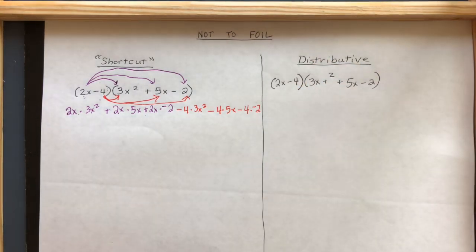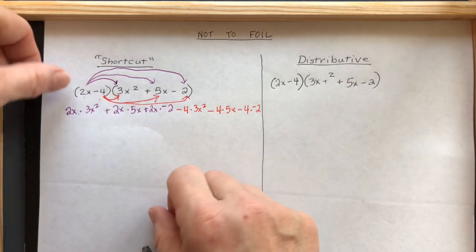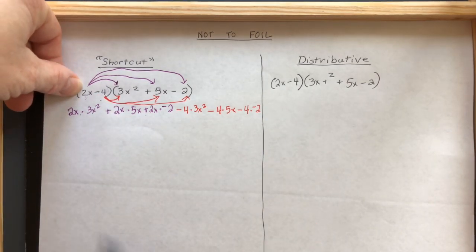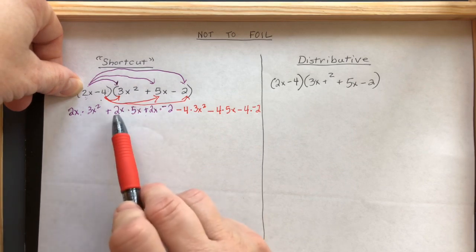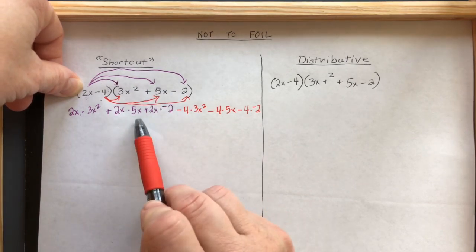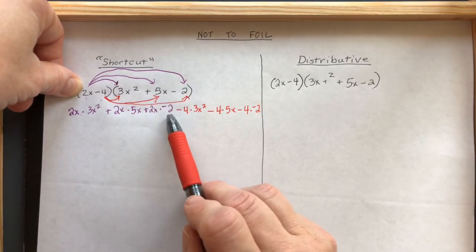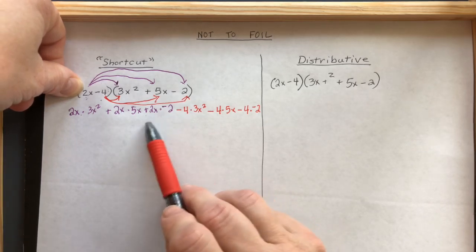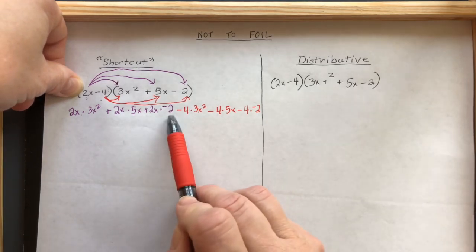I really suggest that you go back and check after this step because it's so easy to get something wrong, to leave off a negative sign, to leave off an x or an x squared. So let's just go back through and make sure we did this right. So we have the 2x times 3x squared, 2x times 5x, 2x times, oops, here it is, 2x times negative 2.